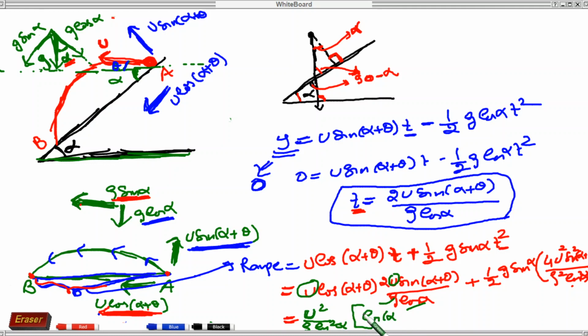Cos 2 times cos alpha plus theta sin alpha plus theta, and cos alpha plus sin alpha sin 2 times sin alpha plus theta square, sin square alpha plus theta, you can see here.